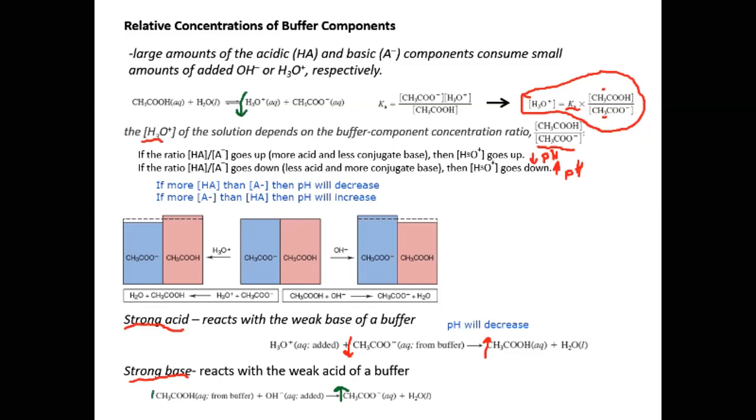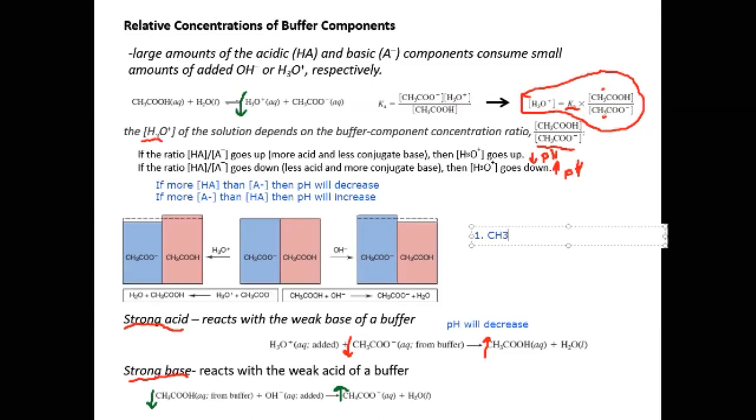And the weak acid decreases. Because remember, the dissociation is a two-step process. So we have weak acid, so that's the first step.